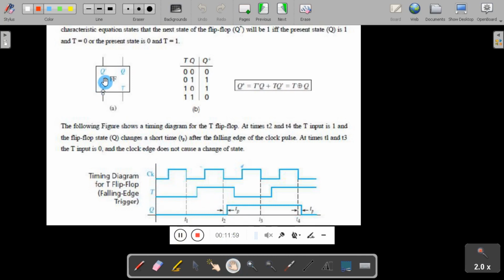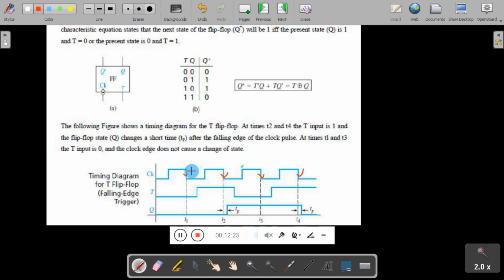This timing diagram is with reference to this negative edge triggered clock. Here you can see the clock signal. In this clock signal, this is the negative edge of the clock. So the flip-flop will change its output during the negative edge.